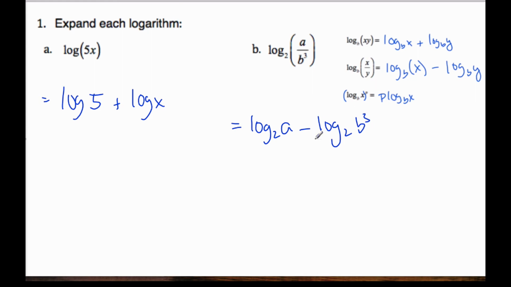Well, I can write this out further by using this property here. This power is 3, so I can move that 3 to the front. So it equals log base 2 a minus 3 log base 2 b. And so that is the expanded logarithm using all the properties.